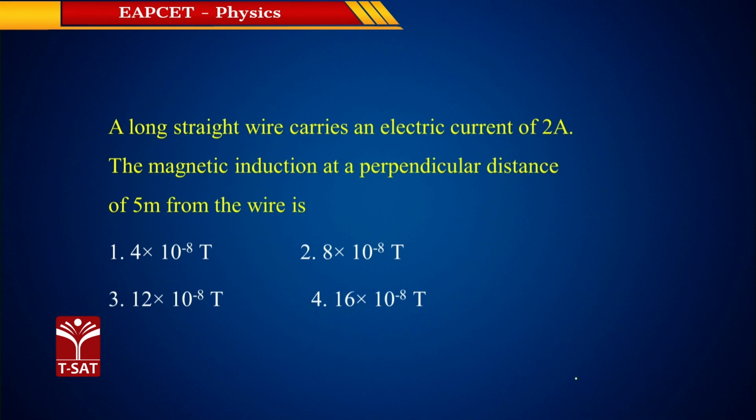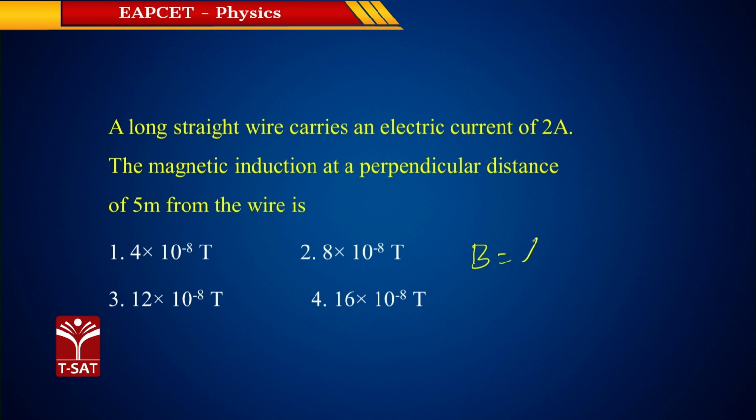And here next, a long straight wire carries an electric current of 2 ampere. The magnetic induction at a perpendicular distance of 5 meter from the wire is. Here the formula, children, which formula you apply?